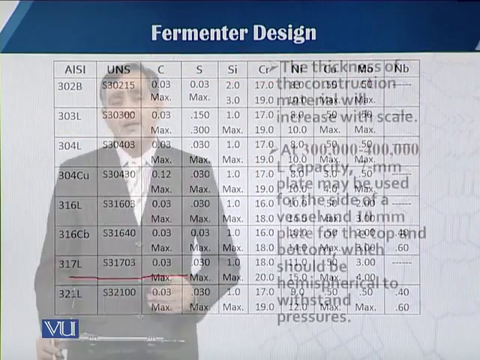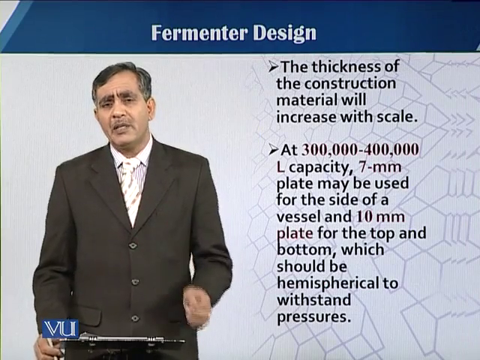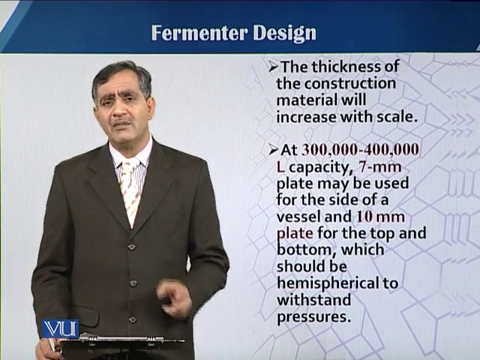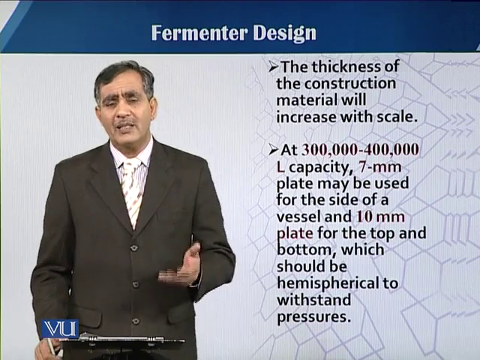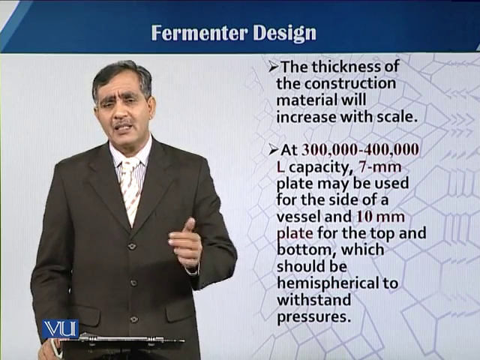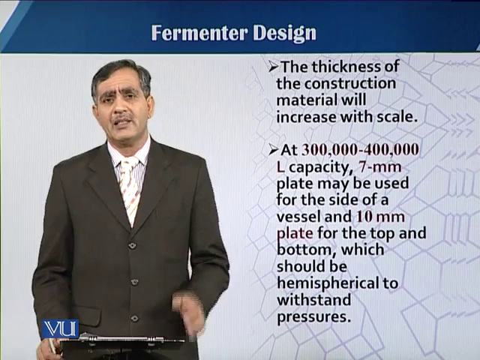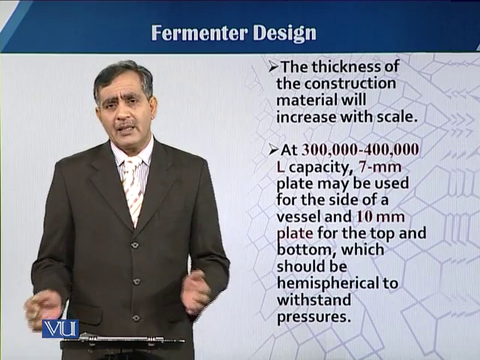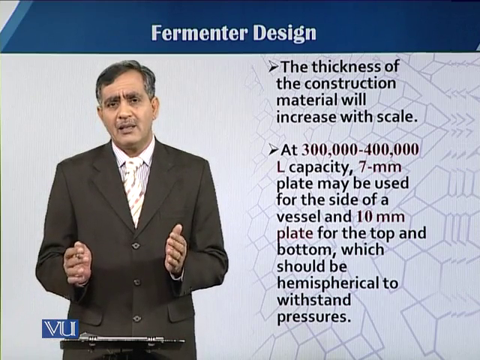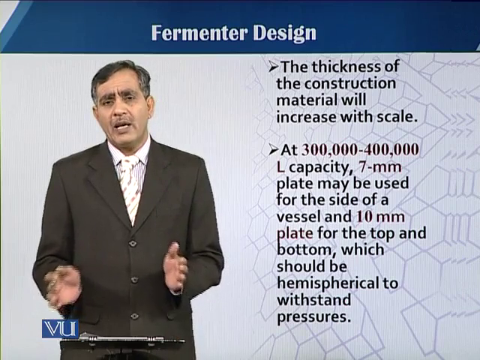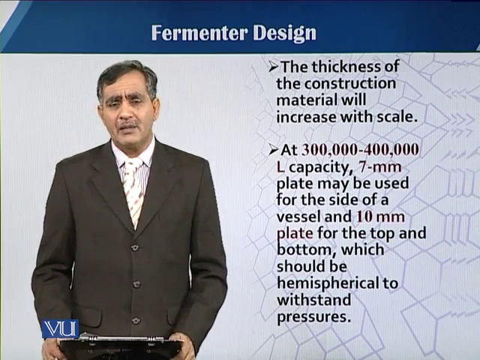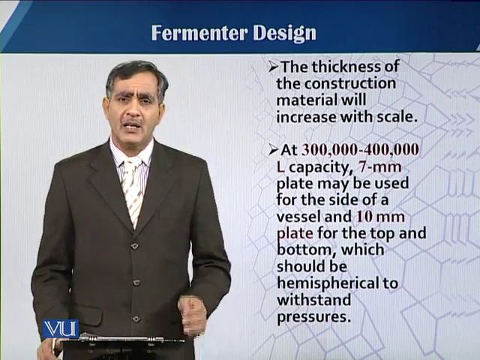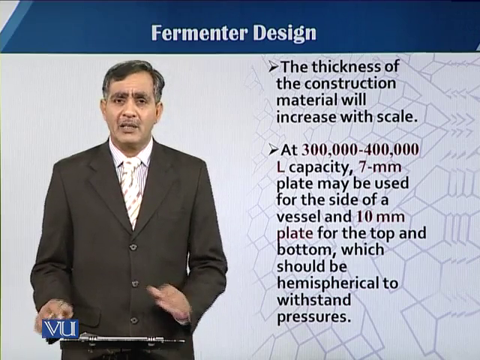So when we have decided the material, the thickness of that construction material is very critical while designing a fermenter. Why is that so critical? As the thickness of the material increases, the cost will increase. The negative impact of high thickness is that it causes problems while maintaining the temperature, because we will talk in detail about the procedure and mechanism for controlling the temperature.